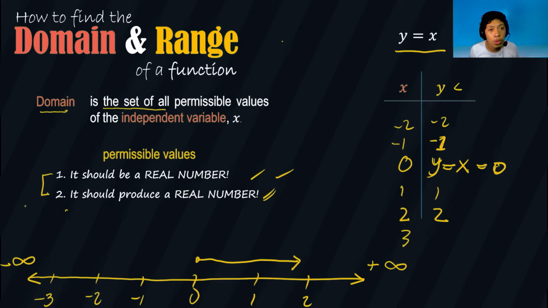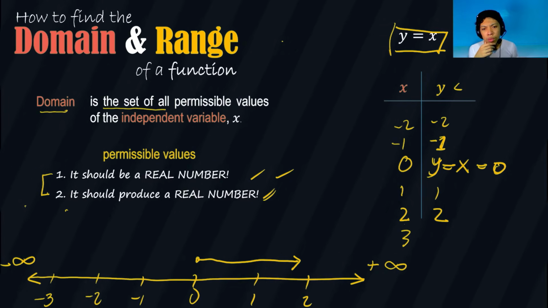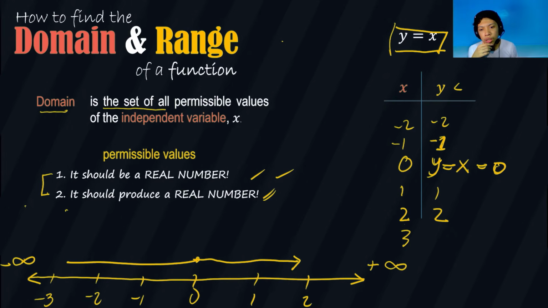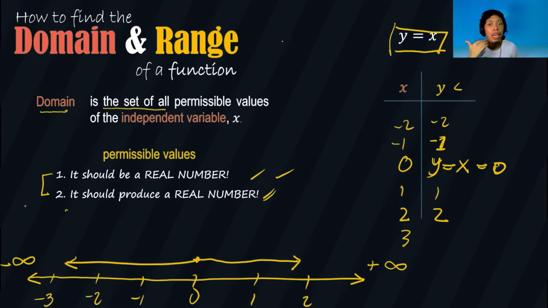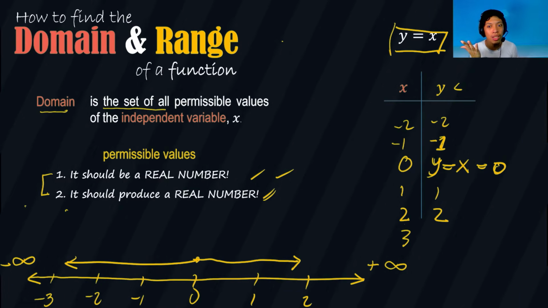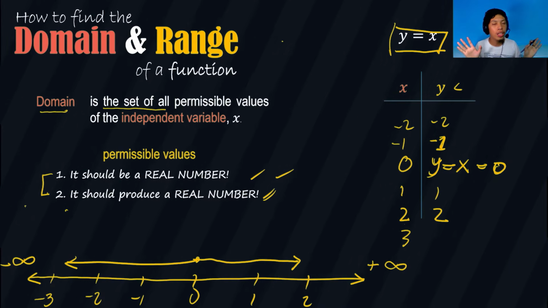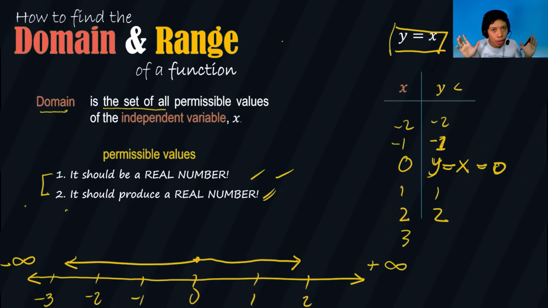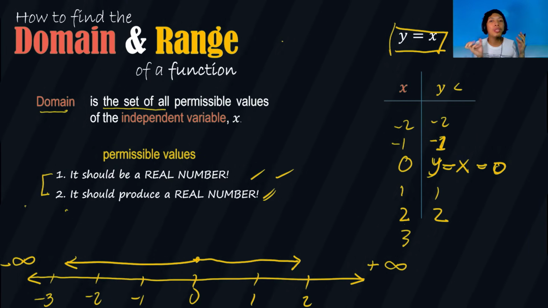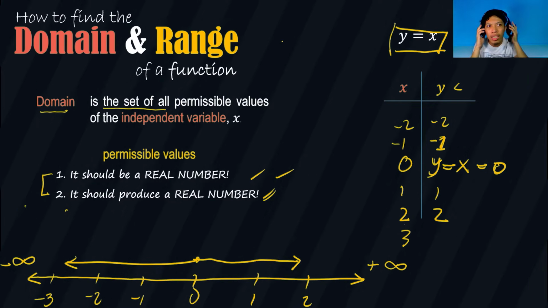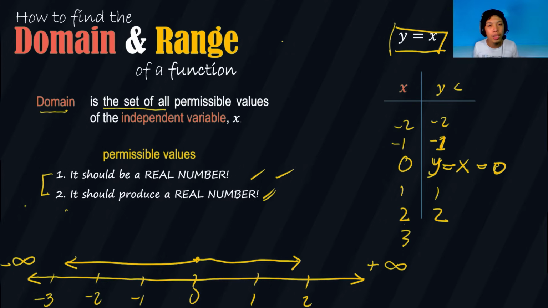Because of this equation, from 0 until negative infinity is also a permissible value of x. You get me? So, basically, from negative infinity to positive infinity are permissible values of x. That's every number from negative infinity to positive infinity.